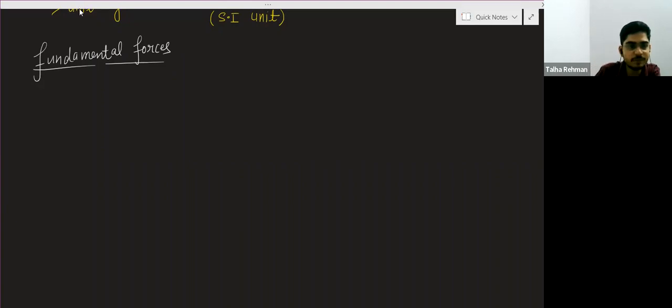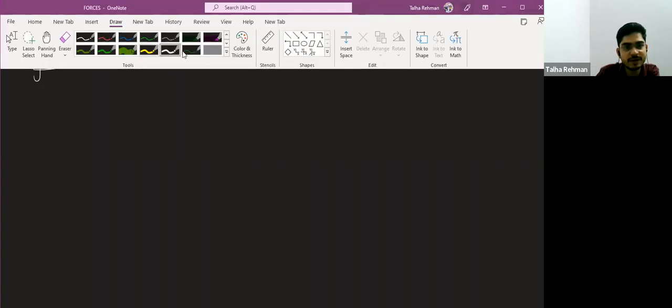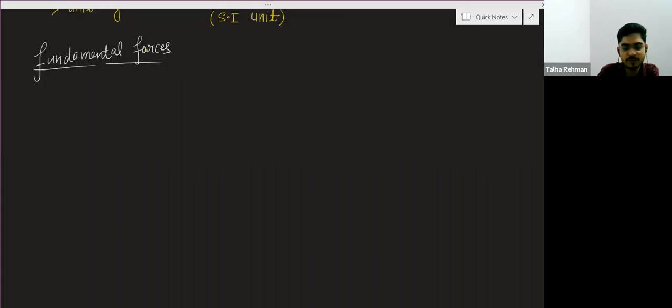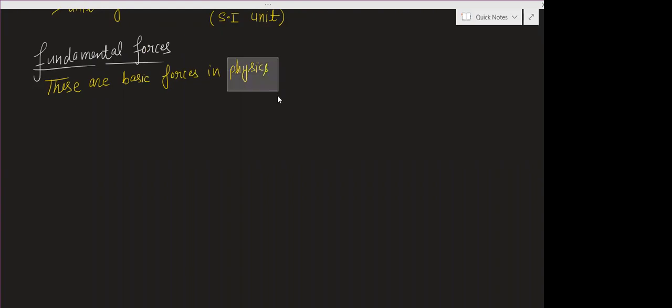So basically, what are fundamental forces? First, I will write the definition. Fundamental forces are the basic forces in physics that govern how objects or particles interact. Do you know we are studying physics?